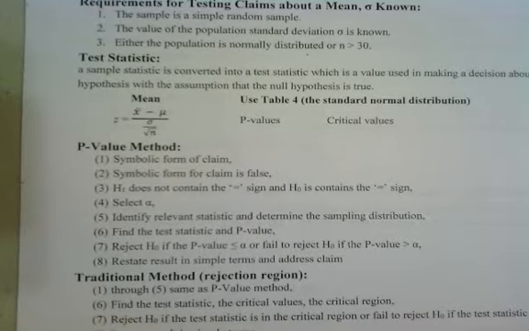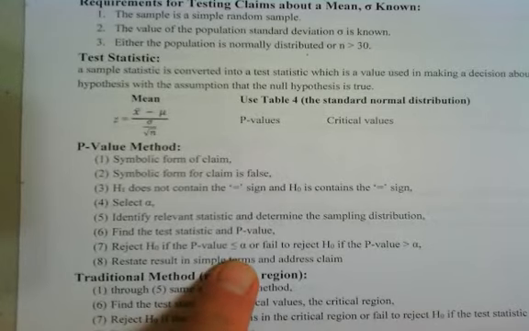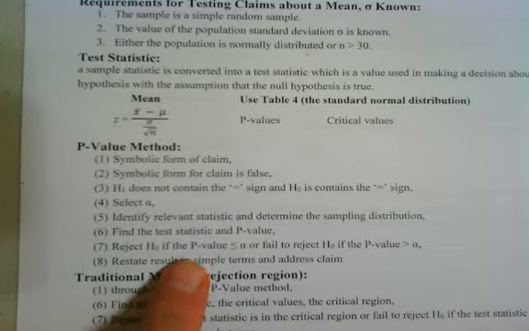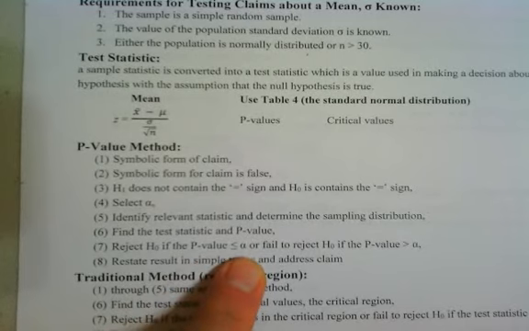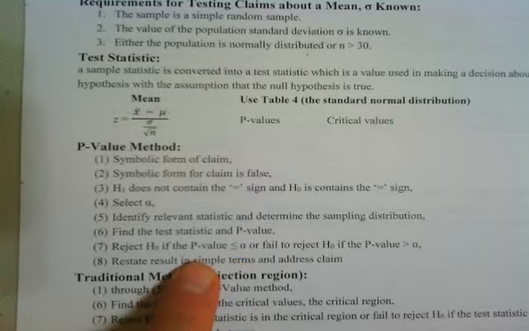And the best way to think about this is, alpha represents an area in the tail, or in both tails. If the p-value is less than that, its area is even more extreme than alpha's was. Alpha actually extends a little bit more towards the middle than the p-value area does.